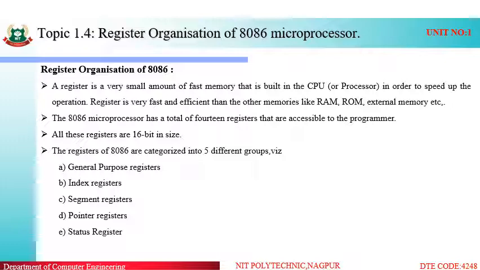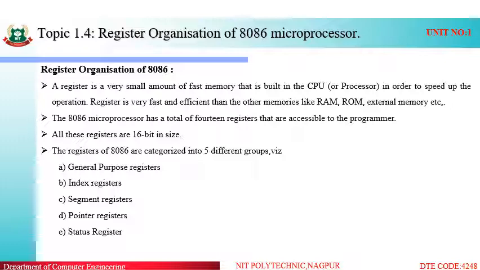So why are these registers used? In order to speed up the operation. If the data is stored in a separate memory which is external to the processor, then so much time will be taken to get to that memory, get the data, and retrieve it to the CPU or the processor.